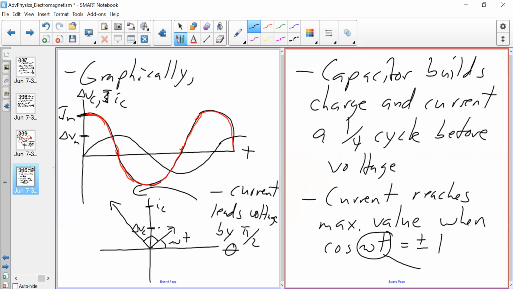And that's when theta or omega t is equal to 0 or 180, plus, minus, positive, negative. Now it's flowing through time.